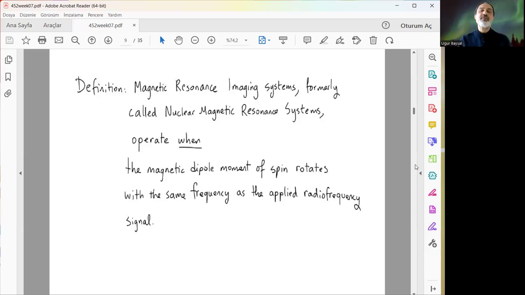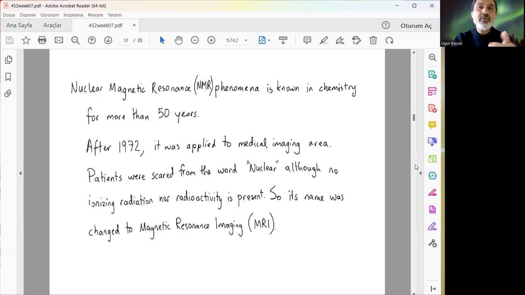They weren't for human imaging purposes. Human imaging applications came later in the 70s by applying the same rules of nuclear magnetic resonance.